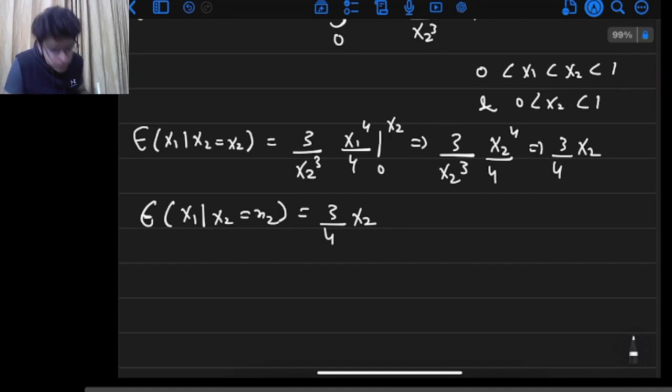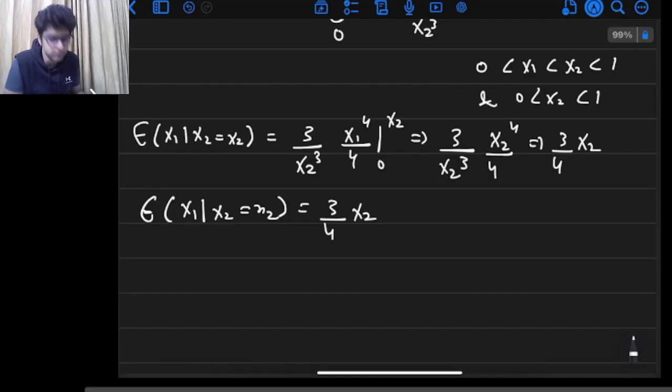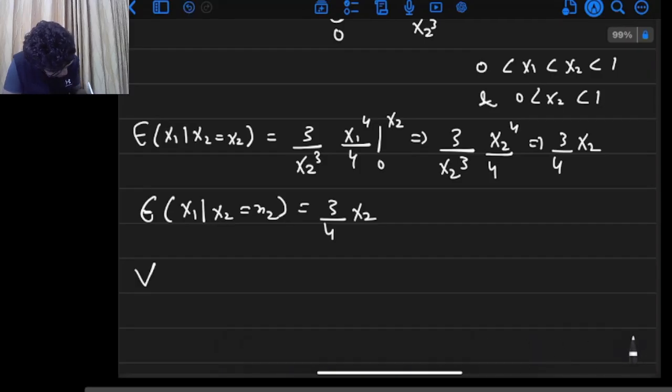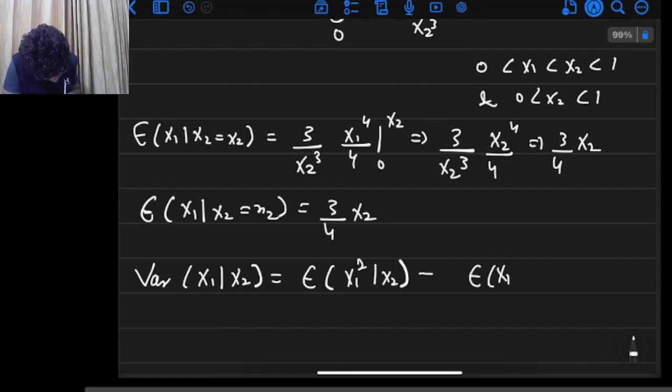So this is my expected value of x1 conditional on x2. Now the second thing that we need to compute is the variance of x1 conditional on x2. For the variance, we know that the variance of x1 conditional on x2 will be the expected value of x1 square conditional on x2 minus the expected value of x1 conditional on x2 whole square.